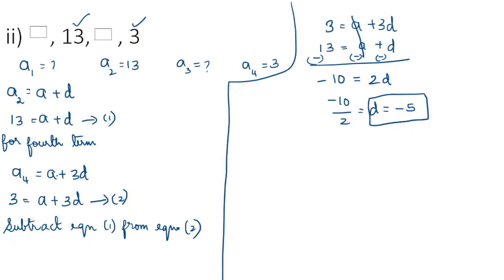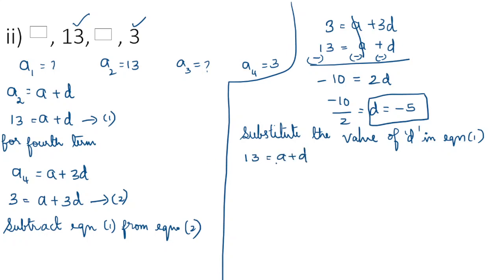Substitute the value of D in equation 1, which is 13 is equal to A plus D. 13 is equal to A, value I don't know, plus D value, minus 5.